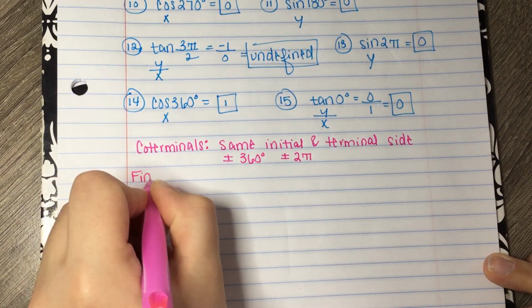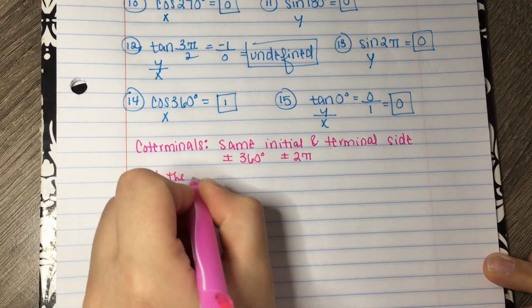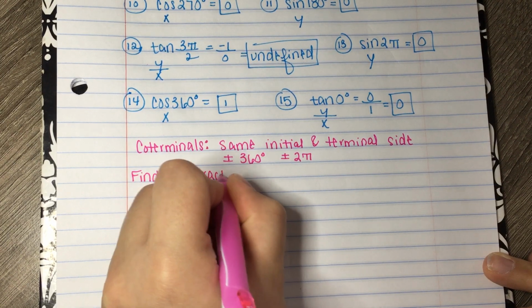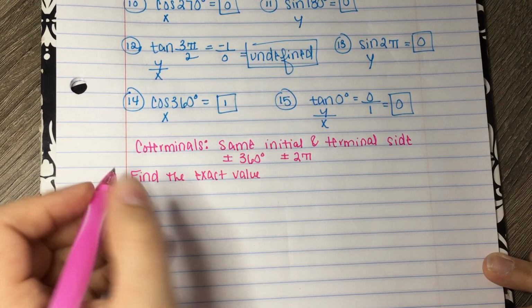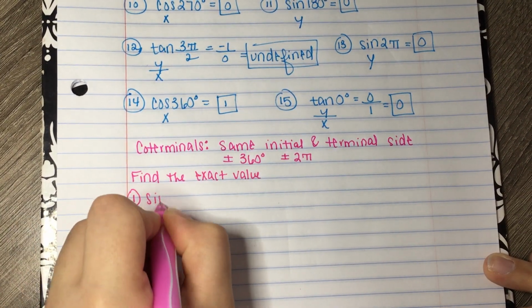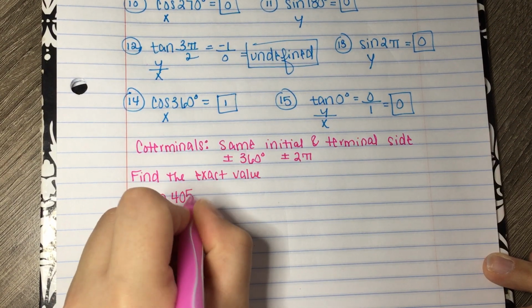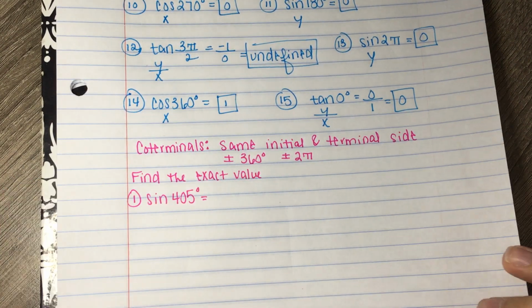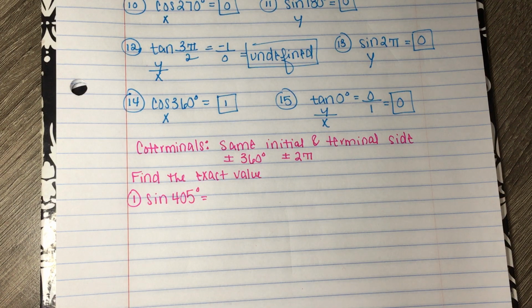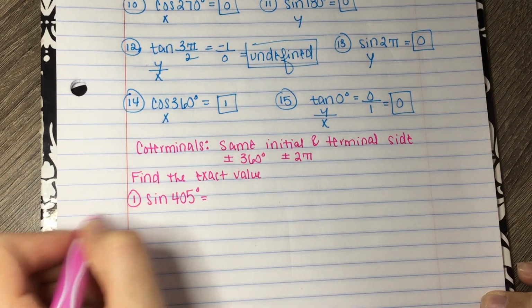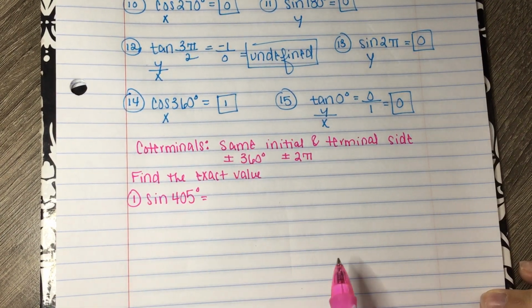All right, now our directions here are going to be find the exact value. We're going to evaluate the first one, and number 1 is sine of 405 degrees. Some people like to draw the angle in standard form. If you're more of a visual person, go for it. Take the time, draw it out. That might help. But what I personally like to do is, right off to the side here, solve right off the bat for a coterminal.